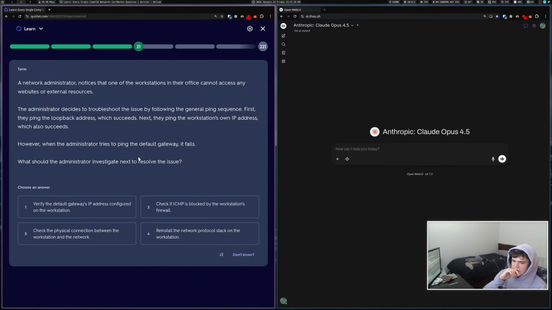What should they try next? Well, they probably wouldn't have a loopback address if a physical connection wasn't there.